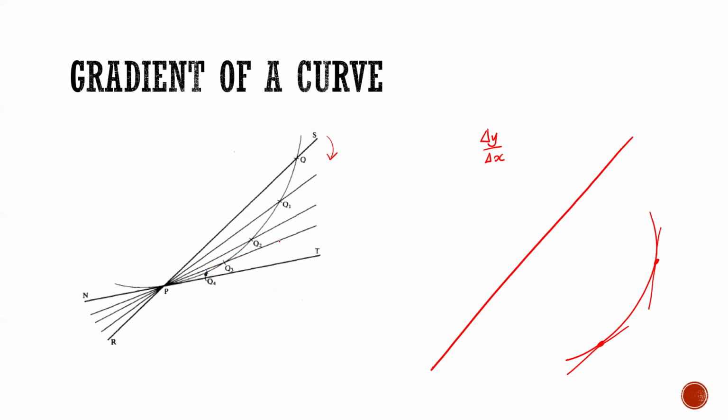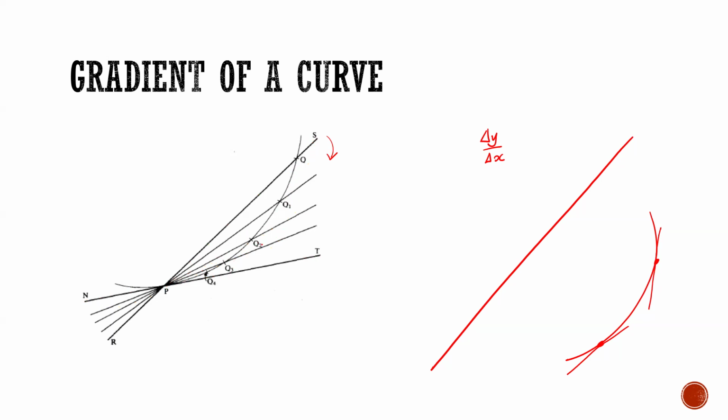Why is this important? As Q comes closer to P, RS is rotated up to a point where it is equivalent to NT, and at that point, Q is at point P exactly.